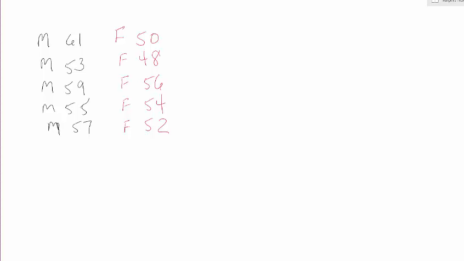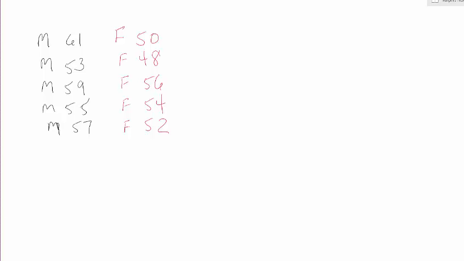Now, actually, when we were given these numbers, males and females were all mixed in together. Maybe they were organized by last name or company ID. So the first thing we have to do, of course, in terms of the grouping category that we are interested in, is separate them according to those categories.